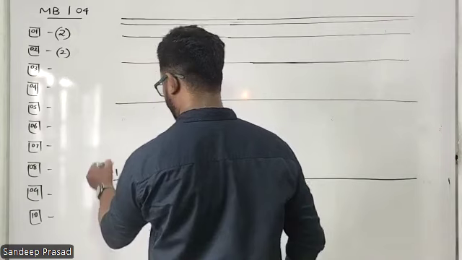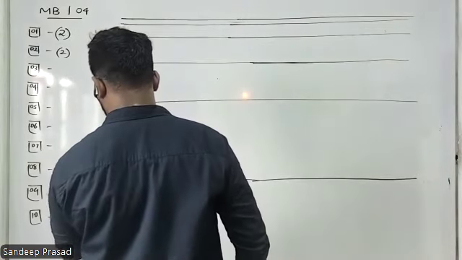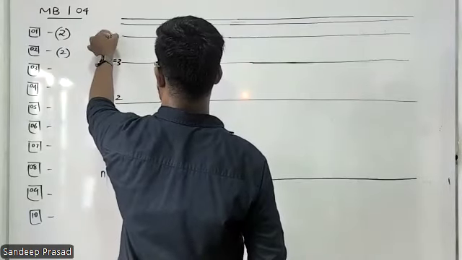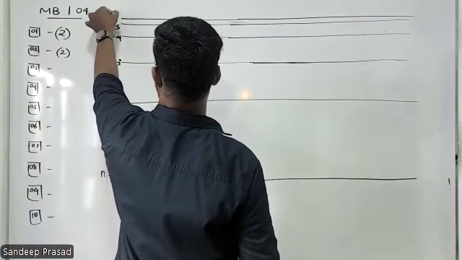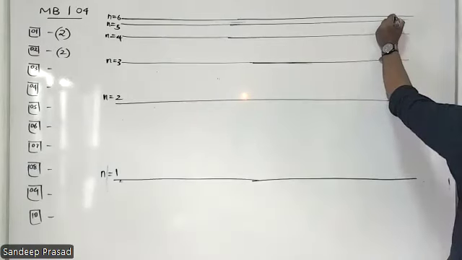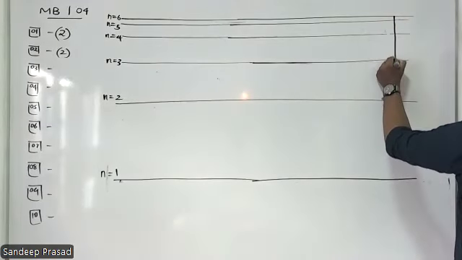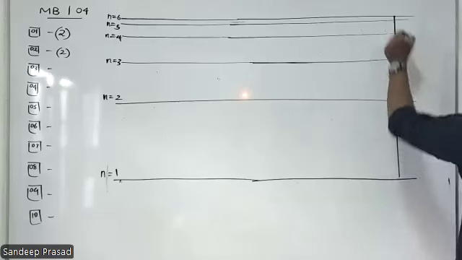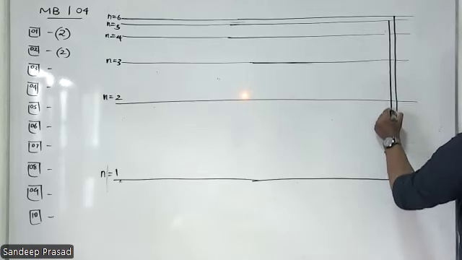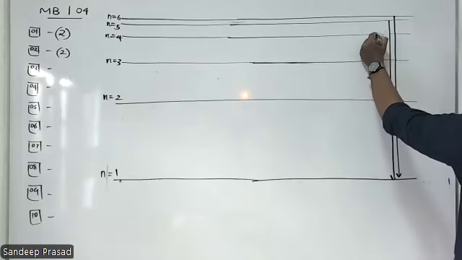N equals 1, N equals 2, N equals 3, 4, 5, and 6. We know that Lyman series is obtained in this way. So this is the Lyman series.